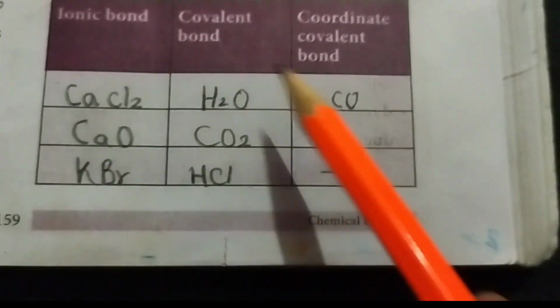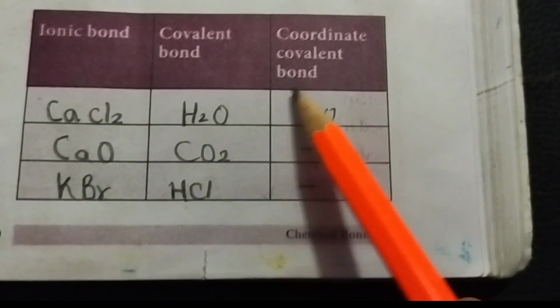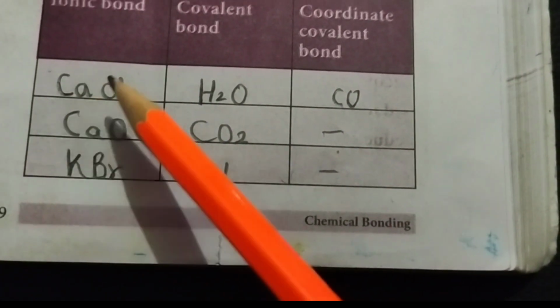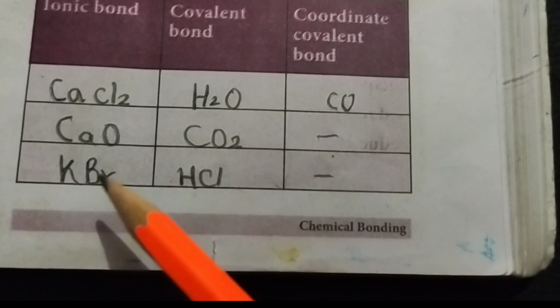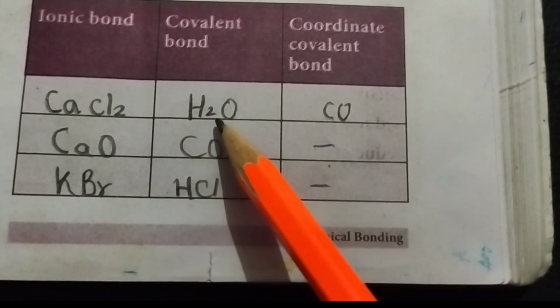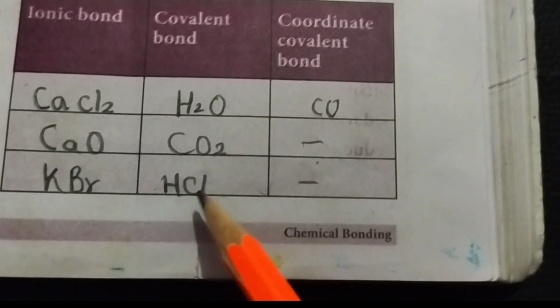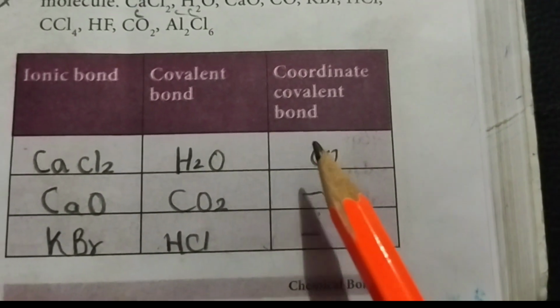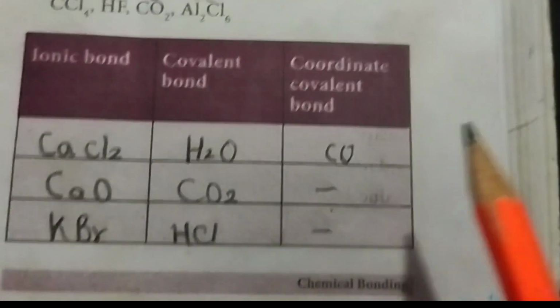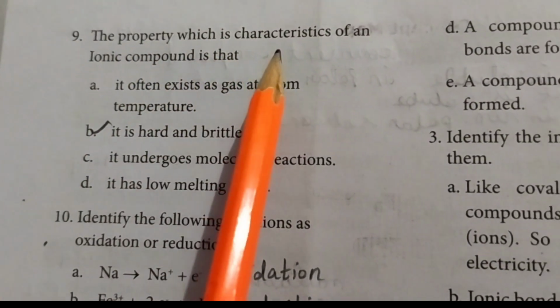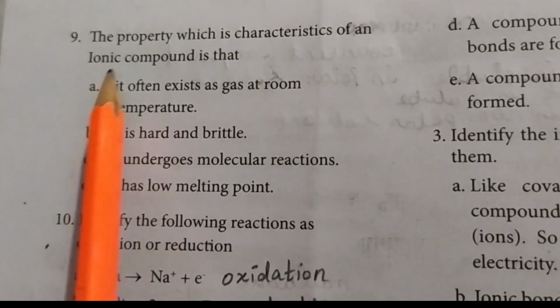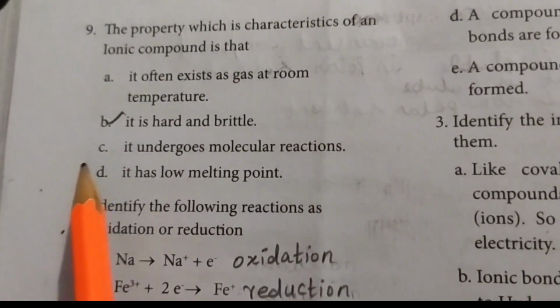Ionic bond, covalent bond, coordinate covalent bond. Ionic bond வந்து CaCl2, CaO, KBr. Covalent bond H2O, CO2, HCl. Coordinate covalent bond CO.